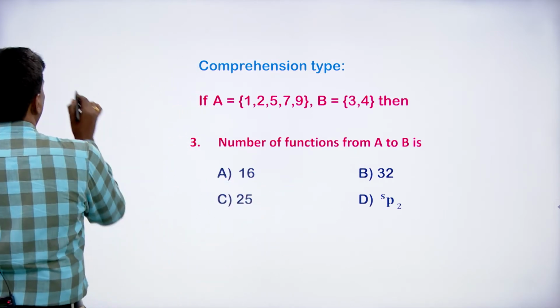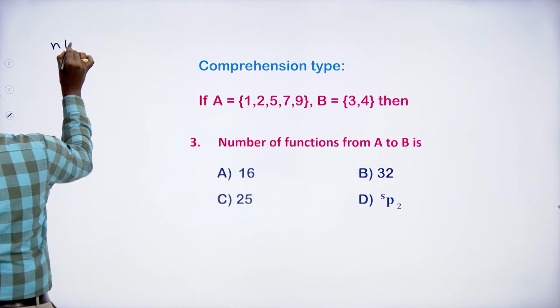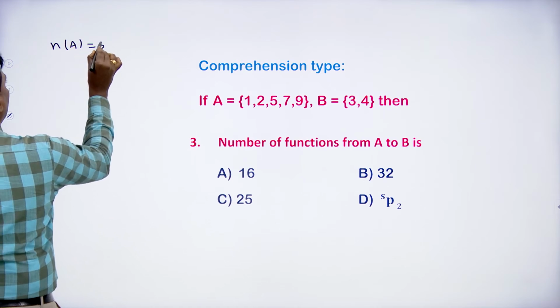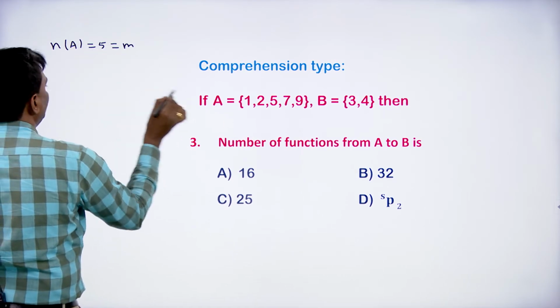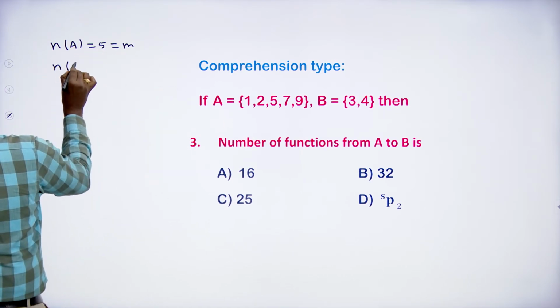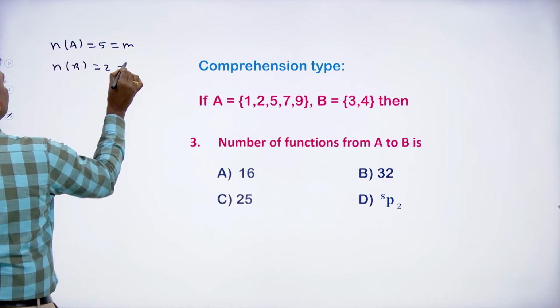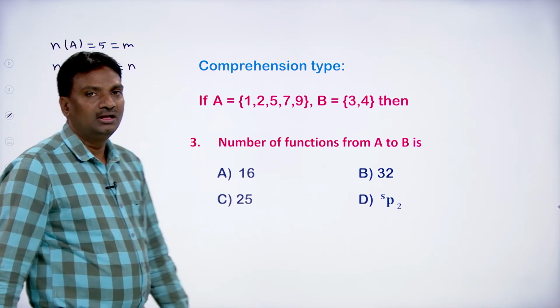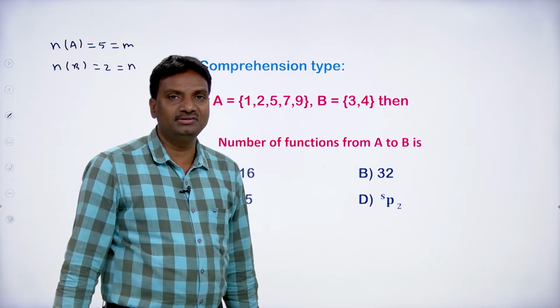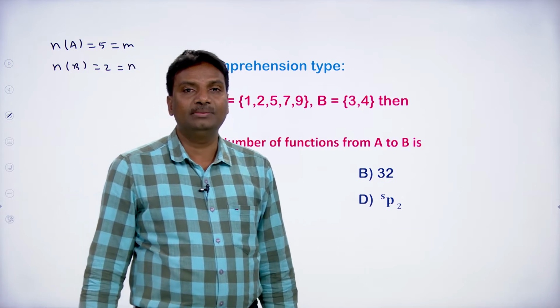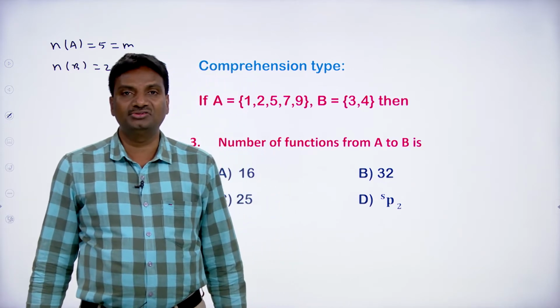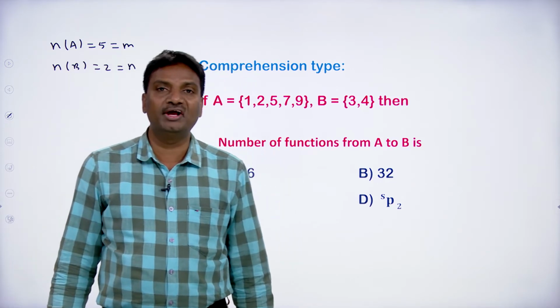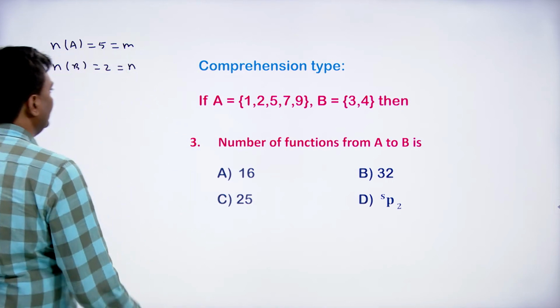So according to the problem, we have n(A) equal to 5, let us take that as m, and the number of elements in B is given as 2, let us suppose that is n. So if the number of elements in A is m and the number of elements in B is n, then the number of functions from A to B is n power m.